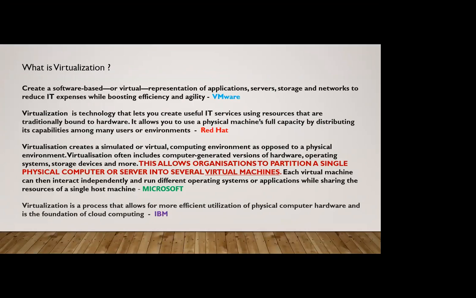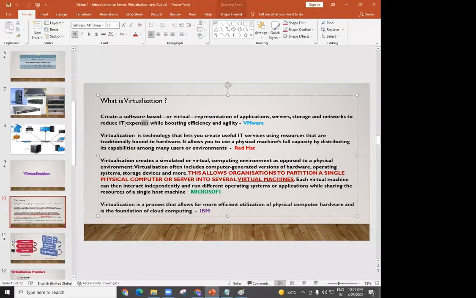I will read the first definition. It says virtualization is to create a software-based or virtual representation of application servers, storage and network to reduce IT expenses while boosting efficiency and agility. Reduce IT expenses. This is the main point where we need to concentrate.